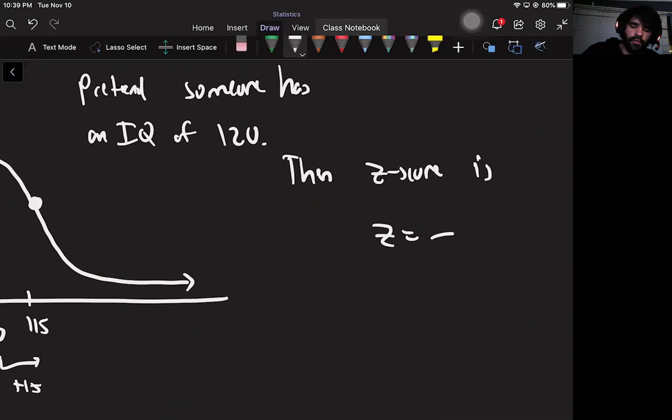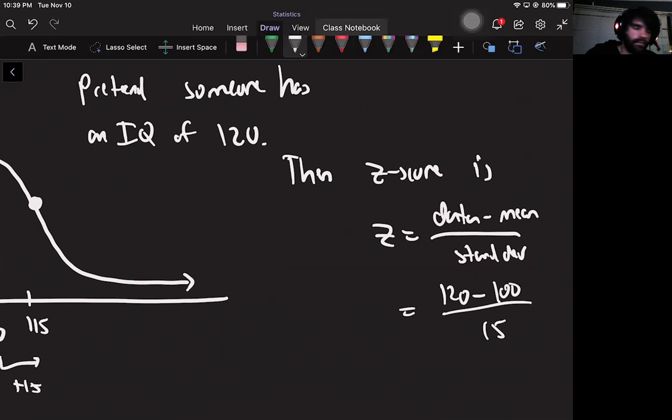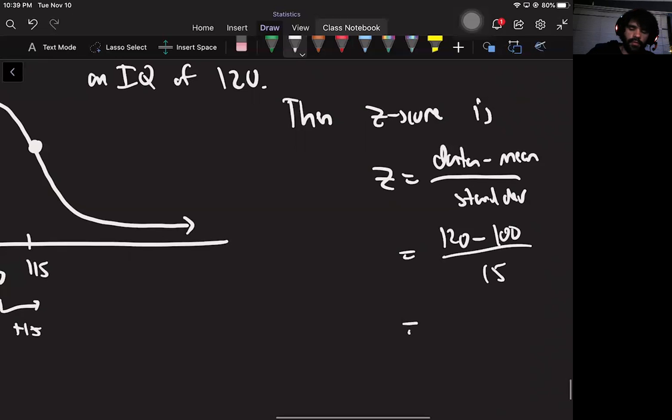So I could do the z-score formula: the data point minus the mean over the standard deviation. That's what we learned a long time ago. So 120 minus 100 over 15. If you put that in a calculator, you'll get like 1.3 repeating, so I'll just round to that.